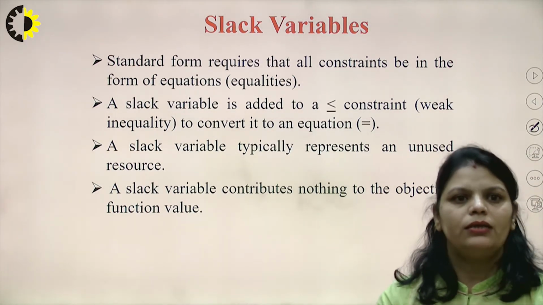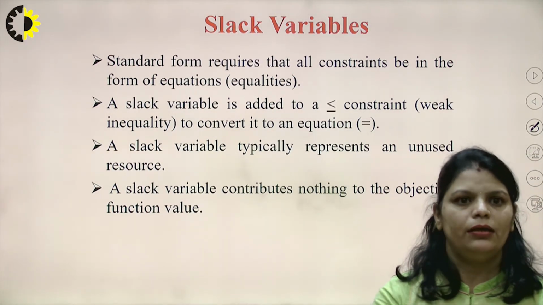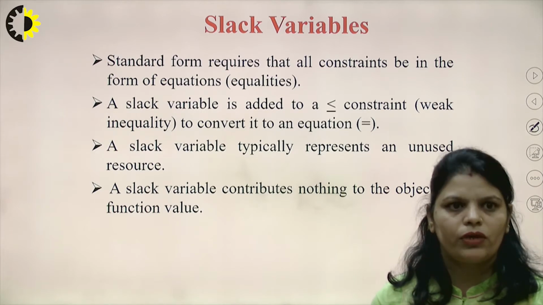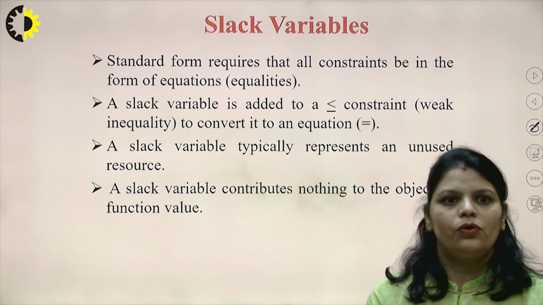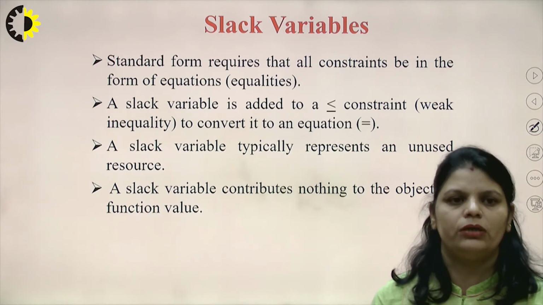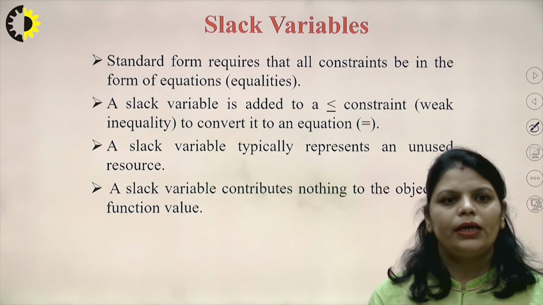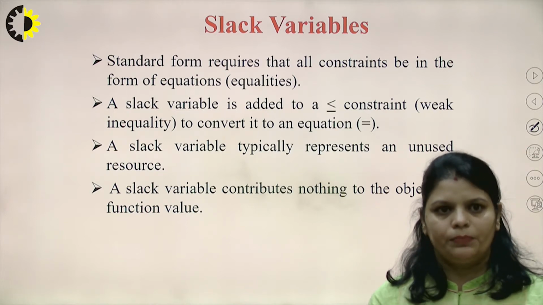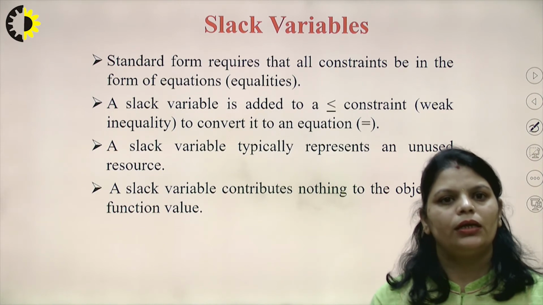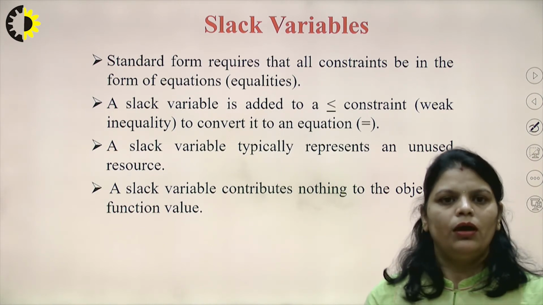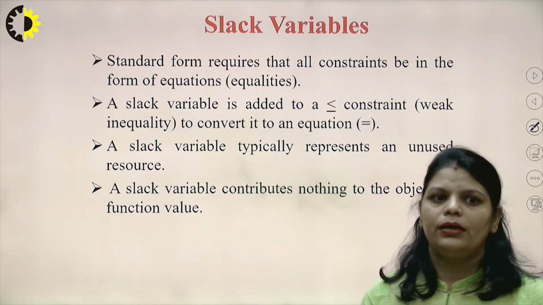We are adding some variables to the left hand side to make it in the equation form, but these variables will not contribute any value in the objective function, because whatever we add or subtract in the constraint equations, we have to mention in the objective function also, but it will not add any value.